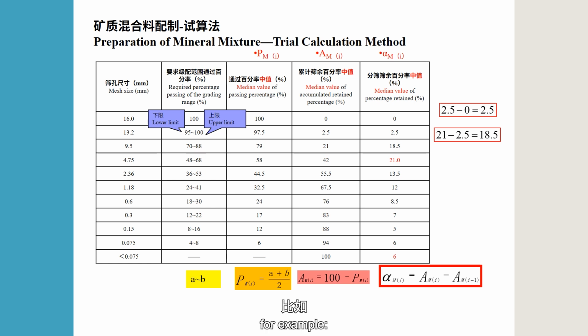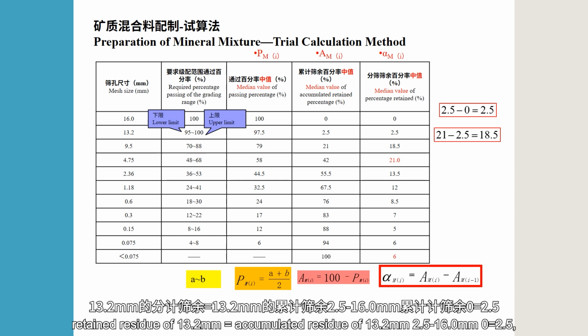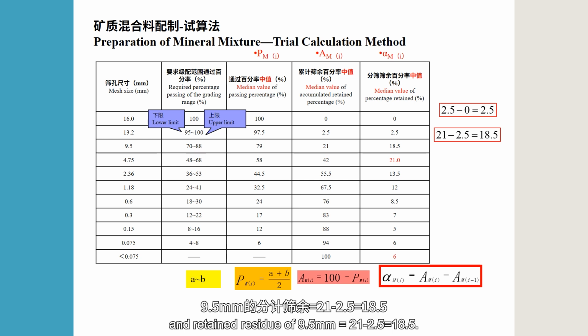For example, retained residue of 13.2 millimeters equals accumulated residue of 13.2 millimeters, 2.5, minus 16.0 millimeters, 0, equals 2.5, and retained residue of 9.5 millimeters equals 21 minus 2.5 equals 18.5.